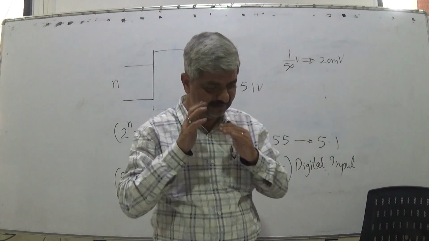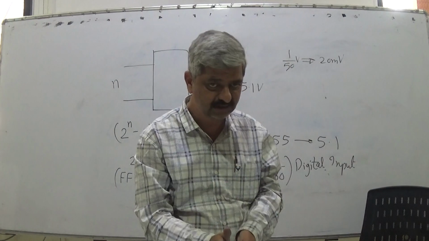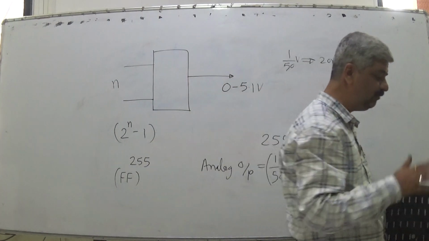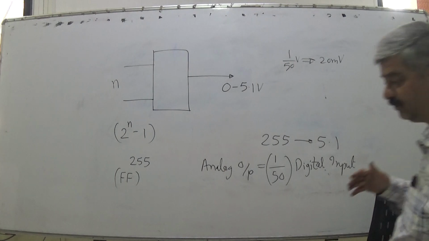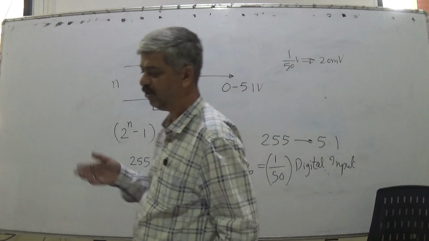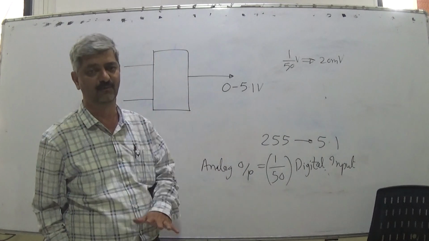So ADC and DAC are essential parts if ever we want to interface real world things with a microprocessor, microcontroller, or Arduino. In that case, ADC and DAC both are required.